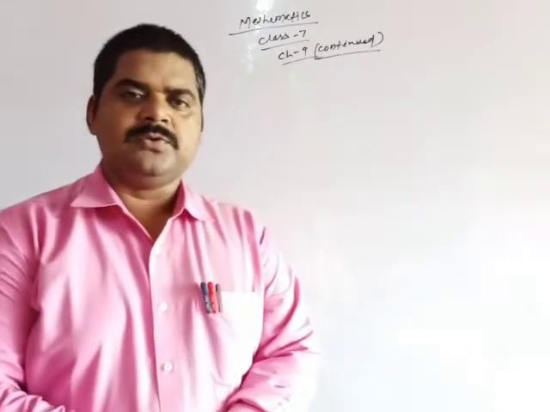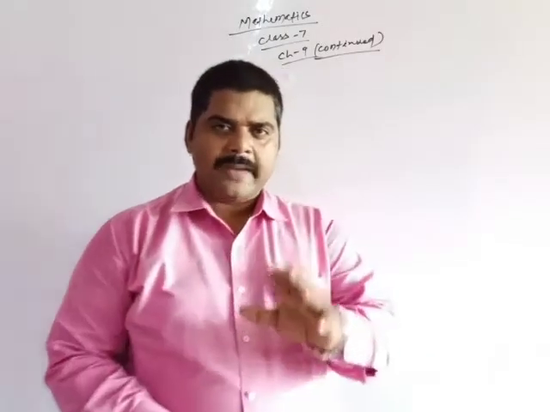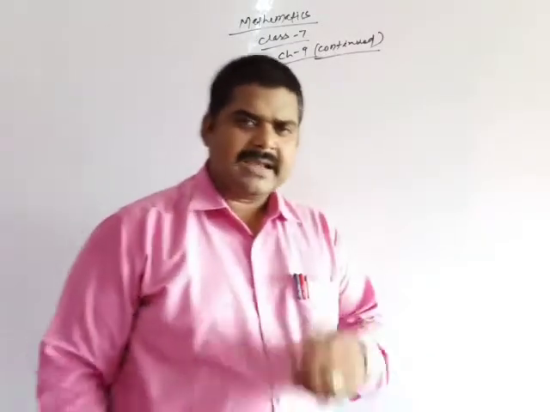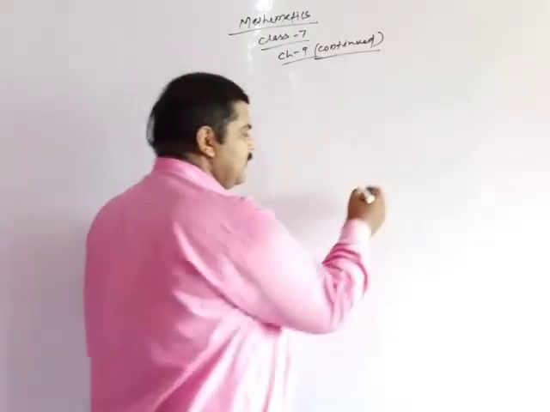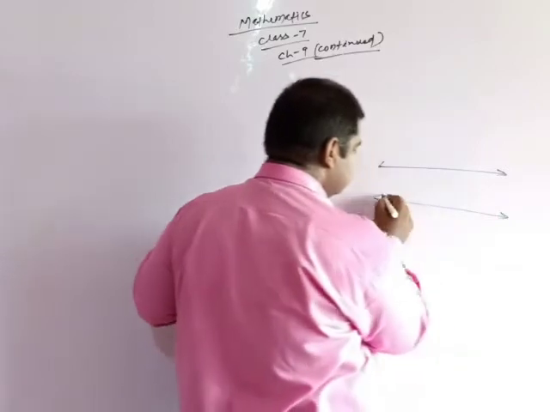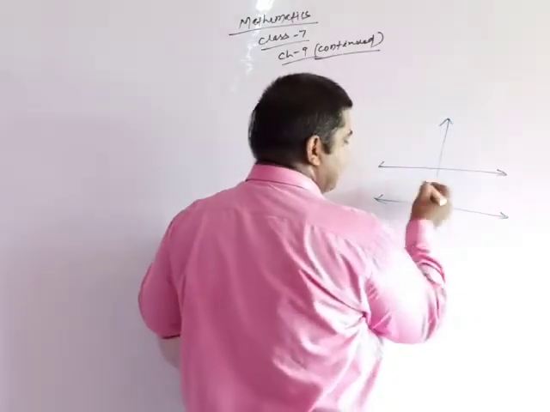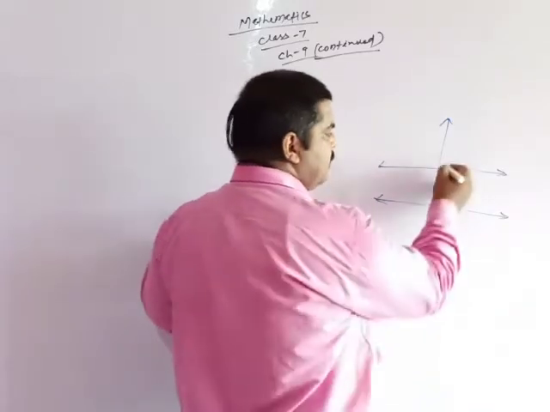I am Class Mishra with you to discuss corresponding and alternate angles, and I hope you will enjoy this session. My dear students, in the previous class I discussed that when two lines are intersected by a third line, you know how many angles are formed?